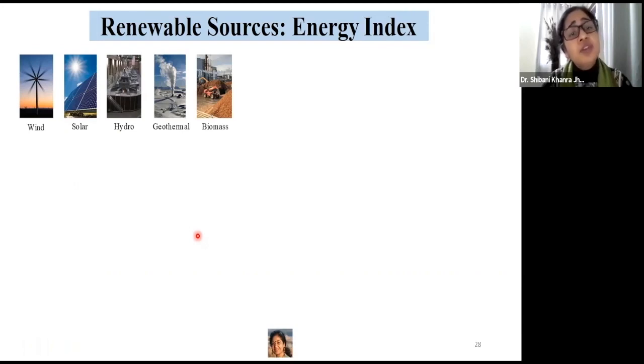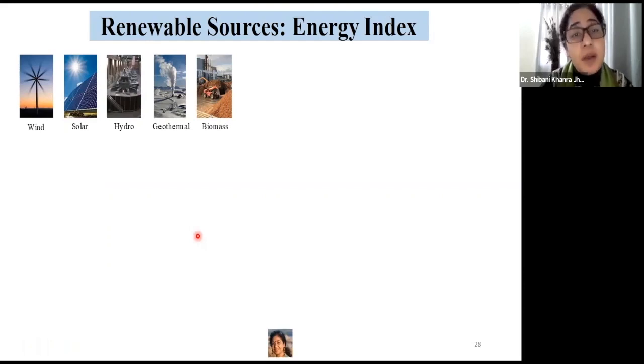Similarly for hydro, which depends on the source of water, in the rainy season versus the dry or winter season when the water gets frozen, this kind of situation creates a fluctuating source condition. Geothermal, on the other hand, is consistent: over 24 hours, it will continuously give the same source condition.